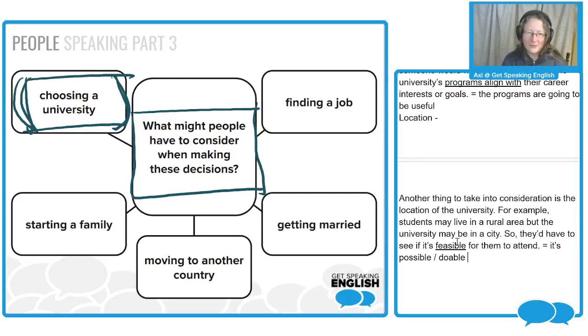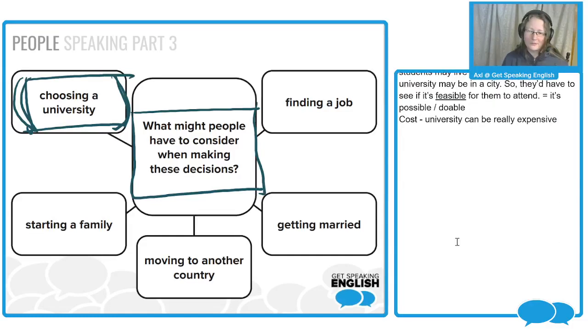Maybe also, cost. University can be really expensive, right? And maybe also they'd have to consider financial aid, right? So for example, like I said, university can be really expensive.